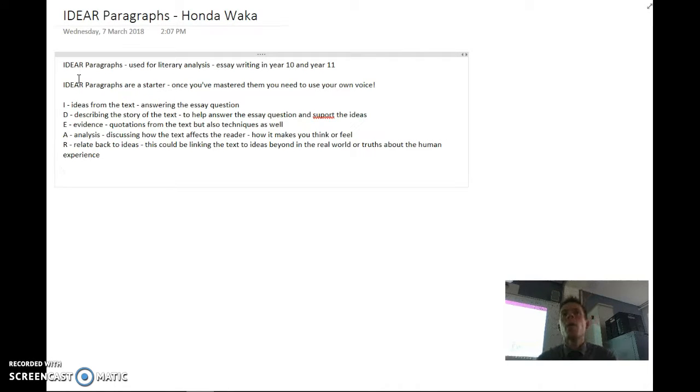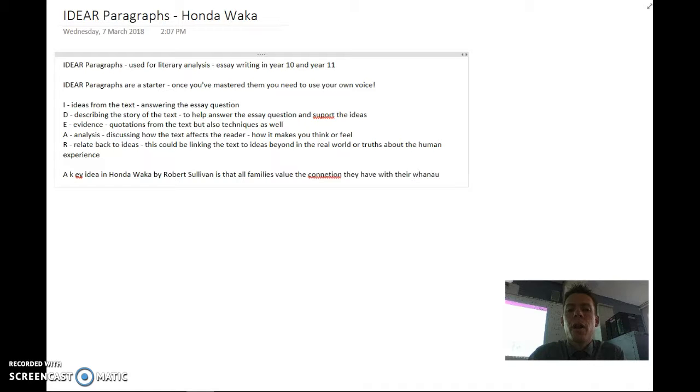All right, so this is how we write an idea paragraph about Honda Waka. We start off by saying, a key idea in Honda Waka by Robert Sullivan is that all families value the connection they have with their whānau.